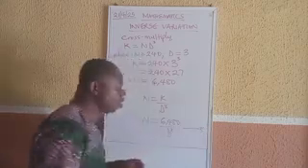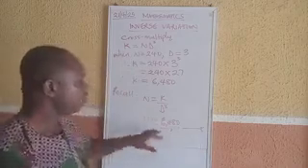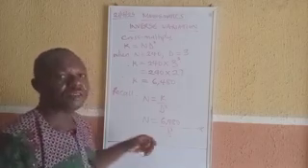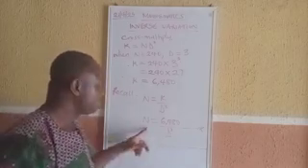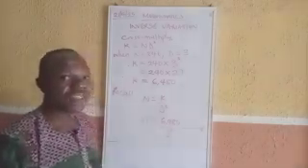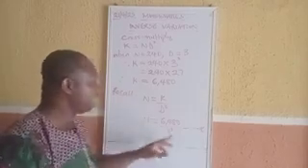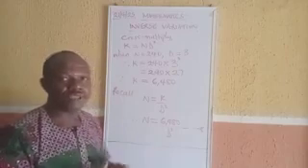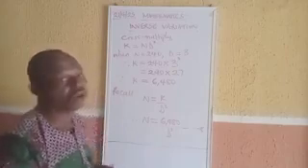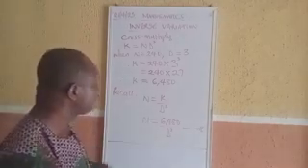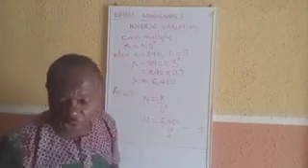This is our law of variation, or the relationship, or the law that is connecting n and d raised to power 3. These are some other expressions that can be used in place of law of variation.